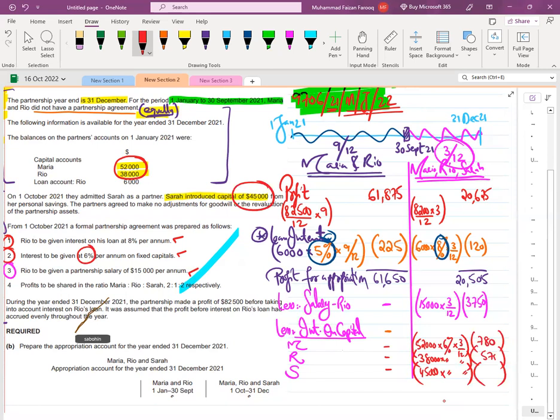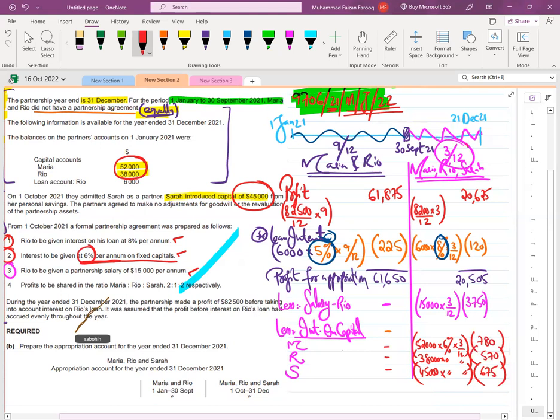He didn't give you any information of interest on capital for the first 9 months. Means there is no interest on capital for the initial 9 months when we have only two partners, Maria and Rio. After that, when Sarah joined, they defined a proper agreement.